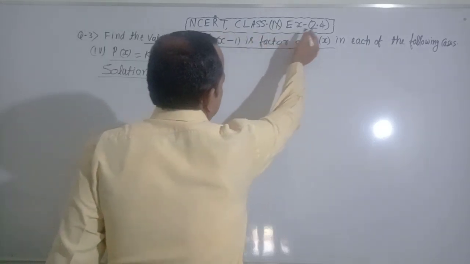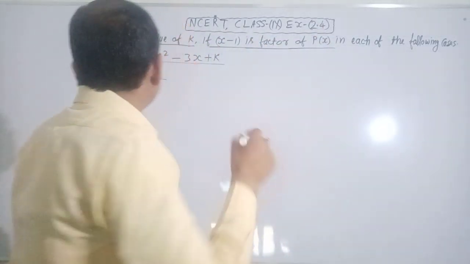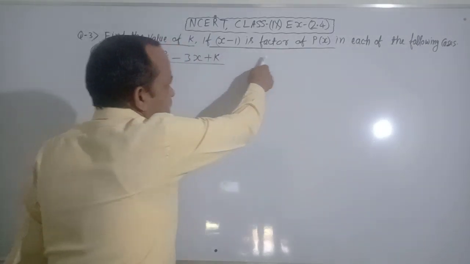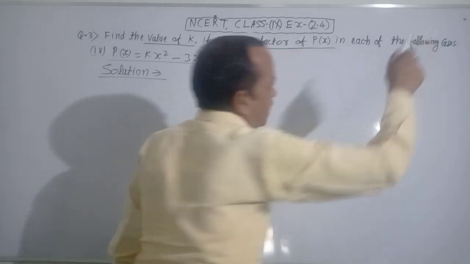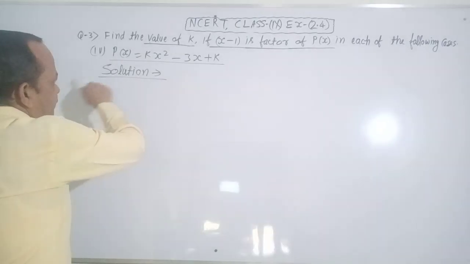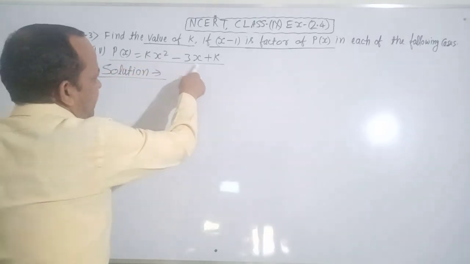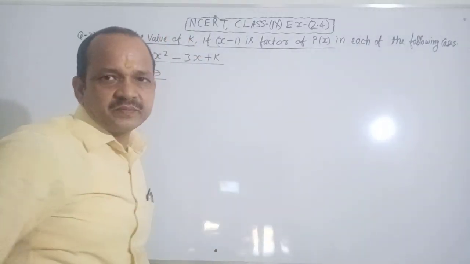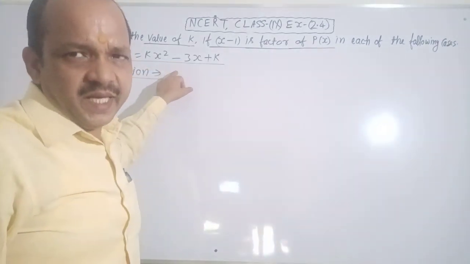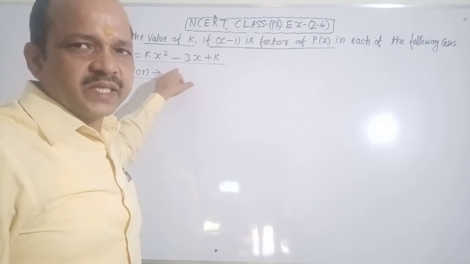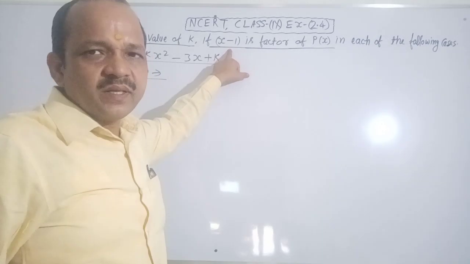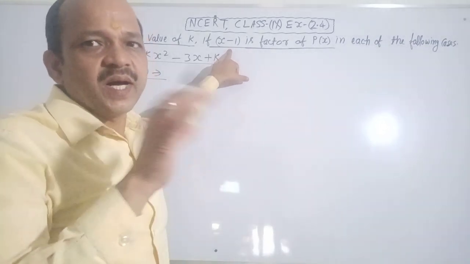See the board. NCERT class 9 exercise 2.4, question 3. Find the value of k if x minus 1 is a factor of p(x) in each of the following cases. Clear? Part 4. p(x) equal to kx square minus 3x plus k. It is the dividend, means it is the given polynomial. x minus 1 is g(x), means divisor.